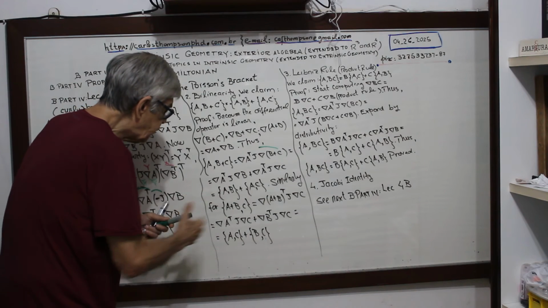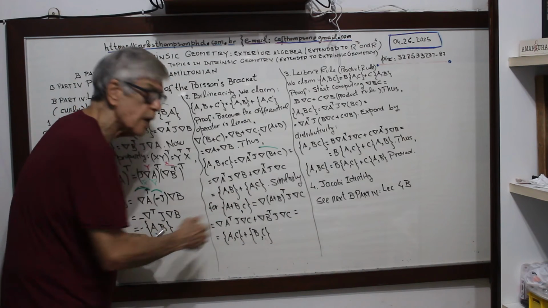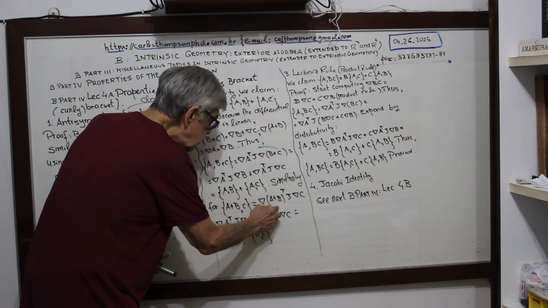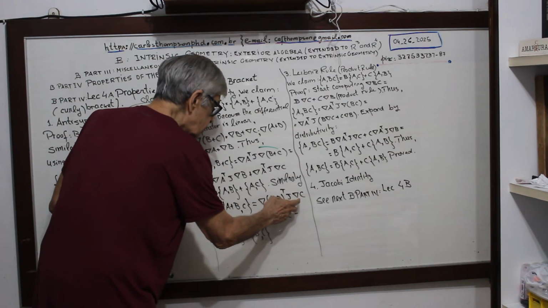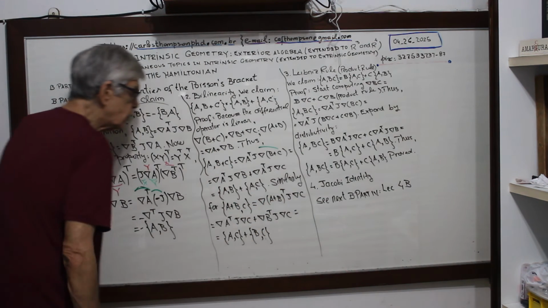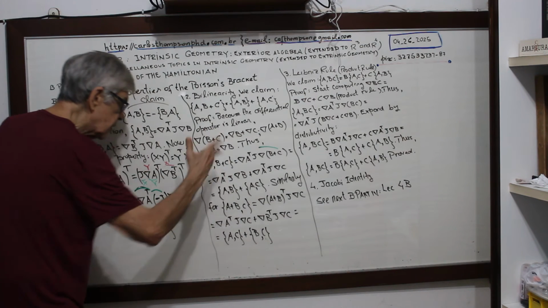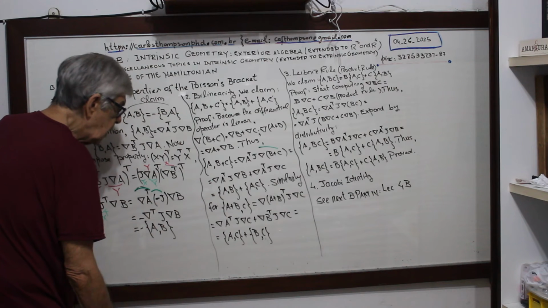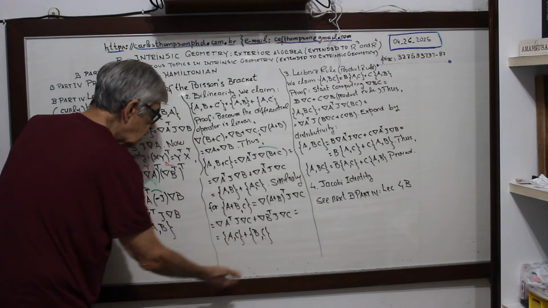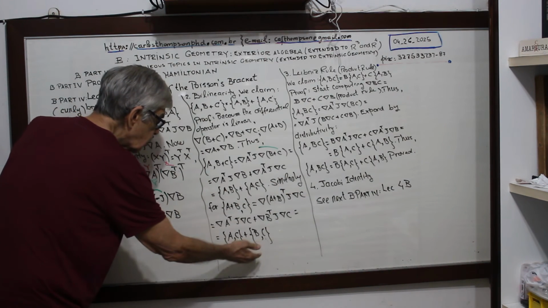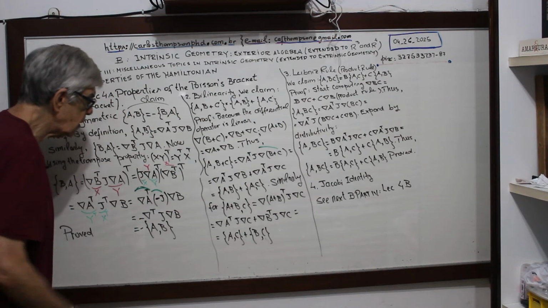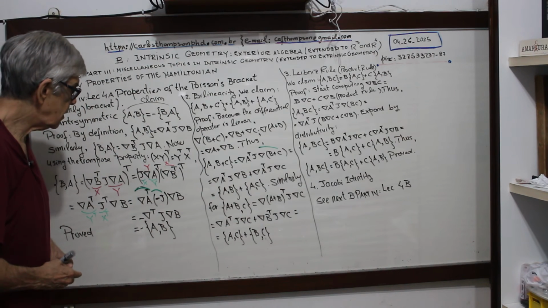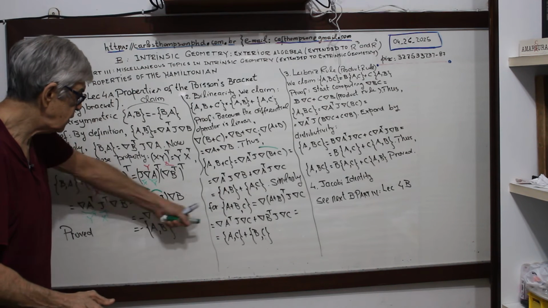If you are confused here, you just call A plus B as D. So this is the gradient of D transpose, times J, gradient of C. Substitute over there, then expand. This is analogous to what I did before. You just look at here and copy and see if it's correct for you.